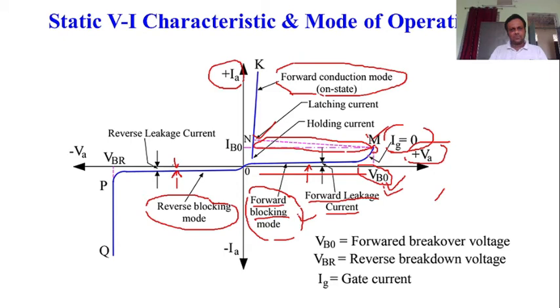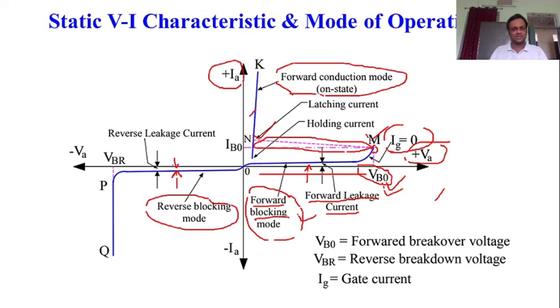That means it is suddenly going from the forward blocking mode to the forward conduction mode. If we could achieve the forward breakover voltage, our SCR suddenly switches from the forward blocking mode to the forward conduction mode, that is from point M to point N, and it starts conducting.